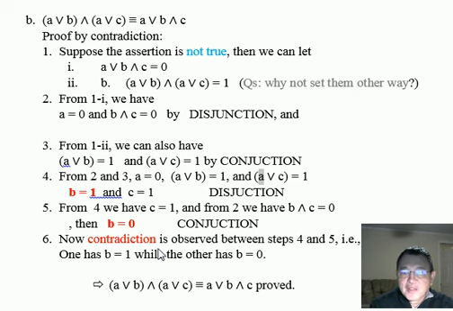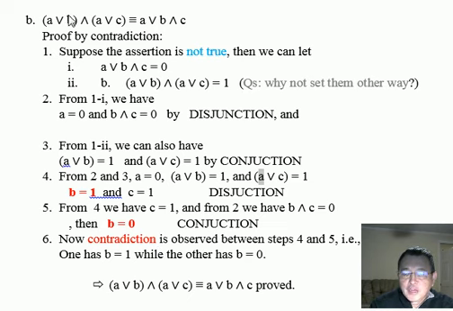Since many of you asked the question about the proof of logic identities, especially this last question, proof by contradiction, I will go over this problem.